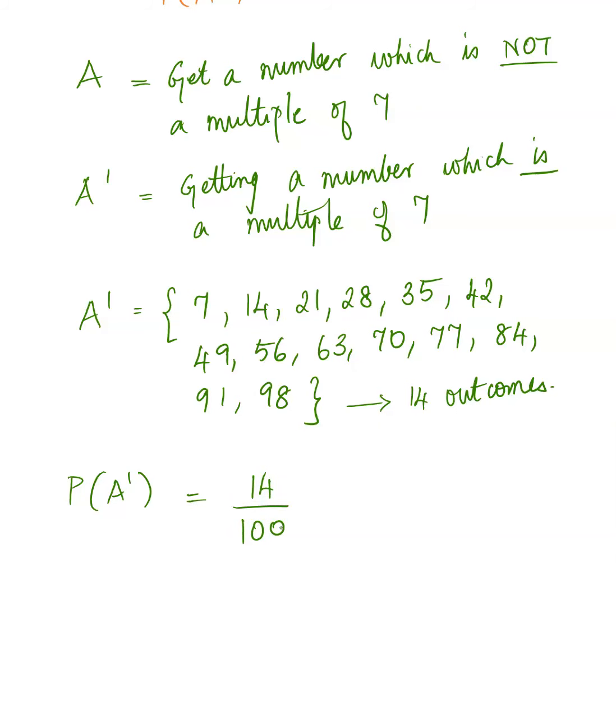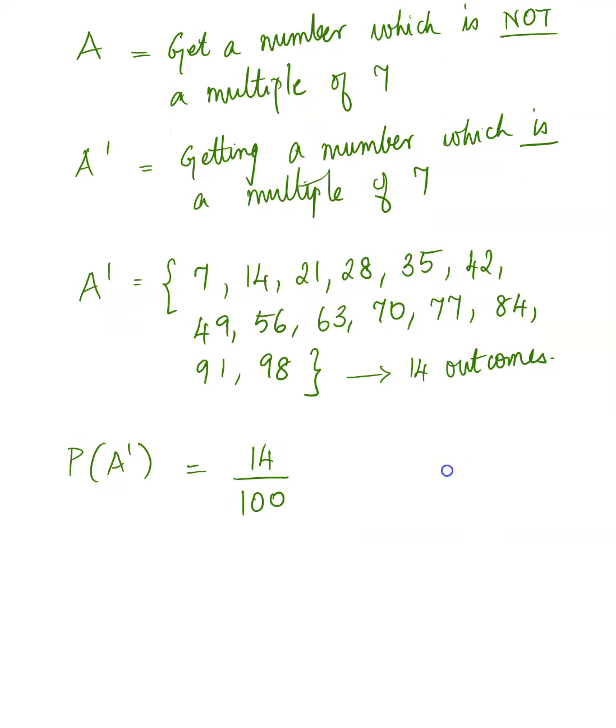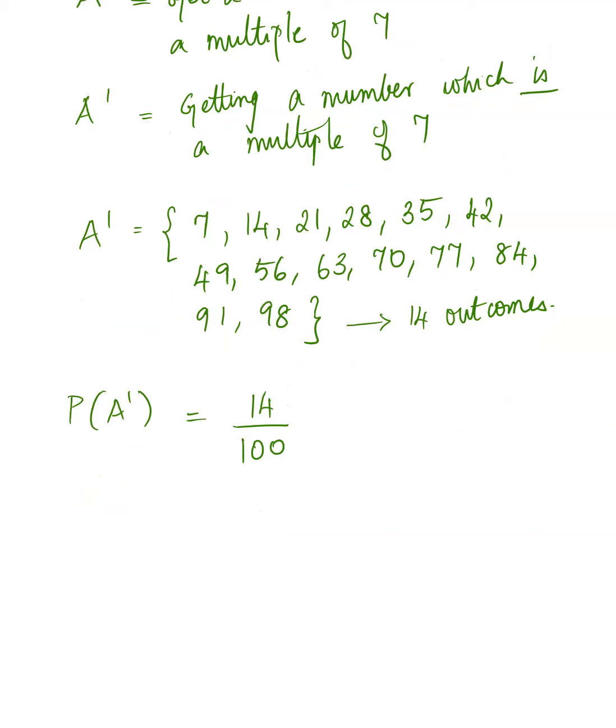Okay, so getting a multiple is this. You can reduce this if you wanted, so that you'll get a reduced answer too, right? So let's go ahead and reduce this. They're divisible by 2, right? So 7 over 50.